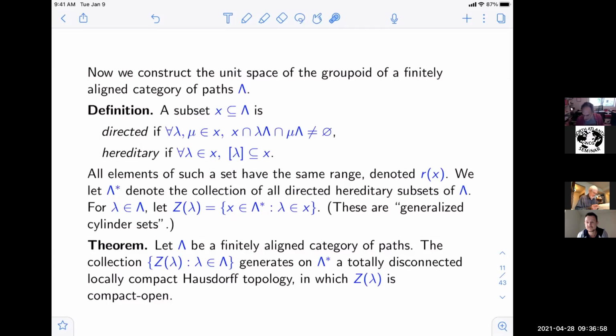Once you've decided this is the thing to do, it's not hard to write out these details. The set of all these generalized cylinder sets generates a totally disconnected, locally compact Hausdorff topology on the collection of all directed hereditary sets. In this topology, the cylinder sets are compact open sets. So it's this collection lambda star that becomes our space where we can define a groupoid.